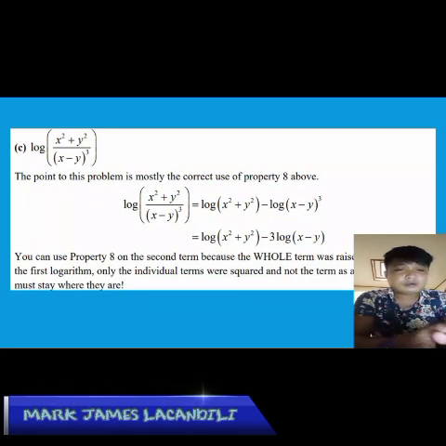You can use property 8 on the second term because the whole term was raised to the 3. But in the first logarithm, only the individual terms were squared and not the term as a whole. So the 2's must stay where they are.